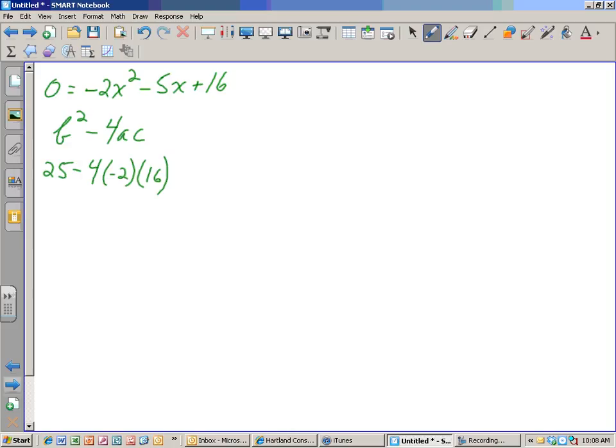When you put that into your calculator, you're going to get 153, I believe. Because the discriminant is 153, that means that we have 2 solutions, which also means that we have 2 x-intercepts. That means it crosses the x-axis at 2 spots.